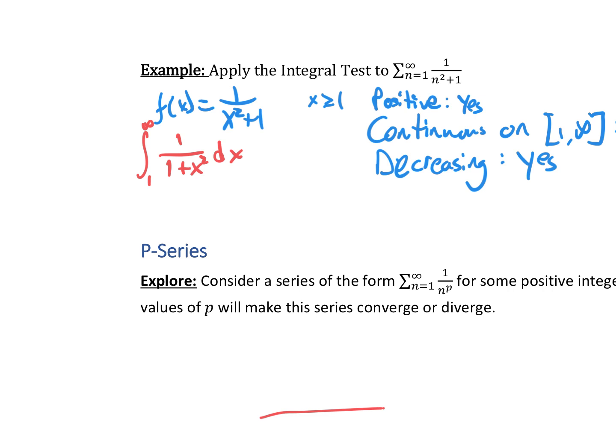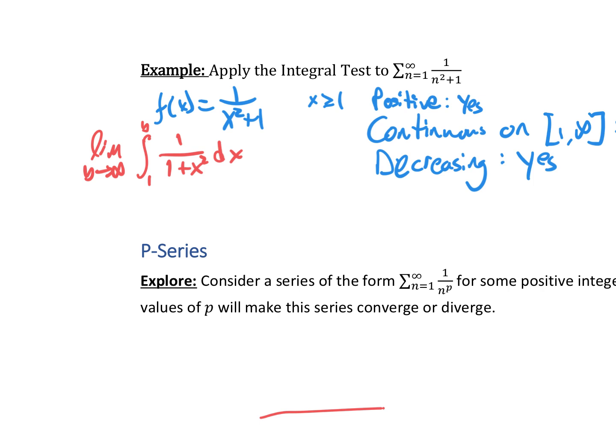So we need to write this as a limit. Let me just rewrite this here. So we'll just rewrite this as the integral from 1 to b, and the limit as b goes to infinity. Okay, so do you recognize this? 1 over 1 plus x squared. I think that is an inverse trig function. Which one is it? It's arctangent.